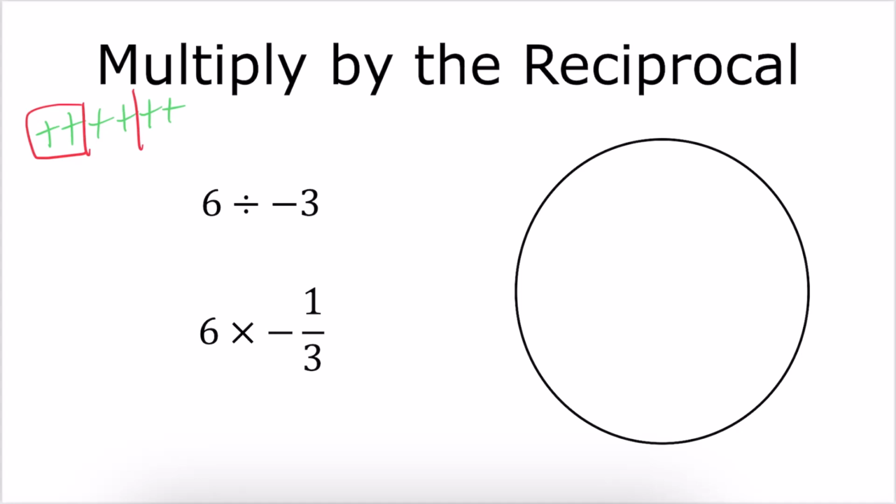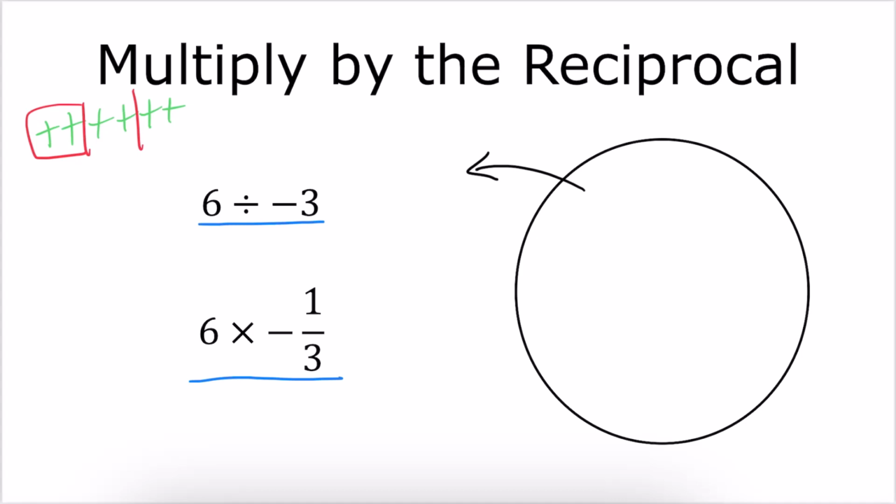And this is something they should be familiar with because I think by the time you introduce negative numbers, they've already done a lot of work with fractions. And so you can introduce the idea of 6 divided by -3 as being the same as 6 times -1/3. And remember, the process for modeling the multiplication by a negative number is that you're going to be taking out essentially a third of a group.